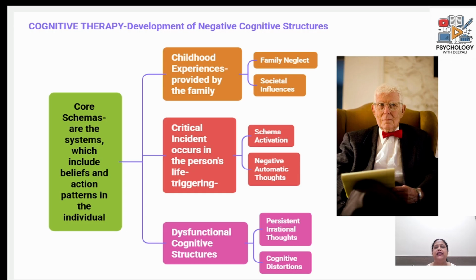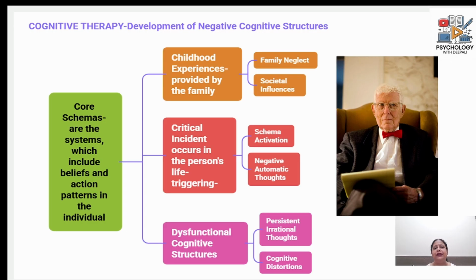Now, from where are these core schemas coming into our thinking patterns? These core schemas are the result of childhood experiences provided by the family. It could be, for example, a negative experience, like neglect of a child in a family, or some kind of societal influence which might have a negative impact on the growing child.